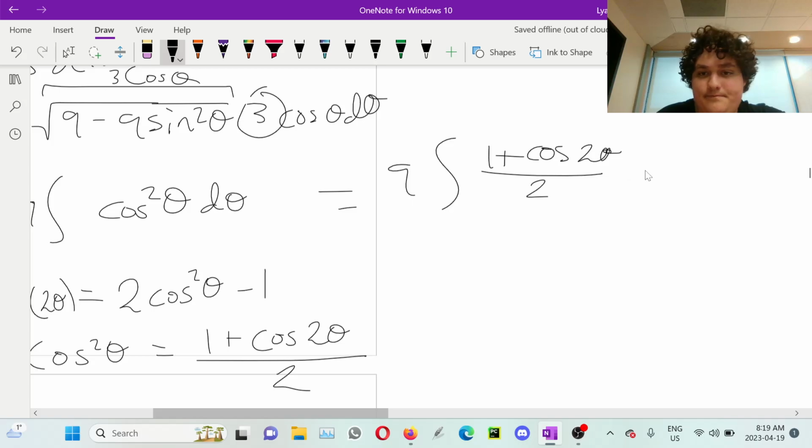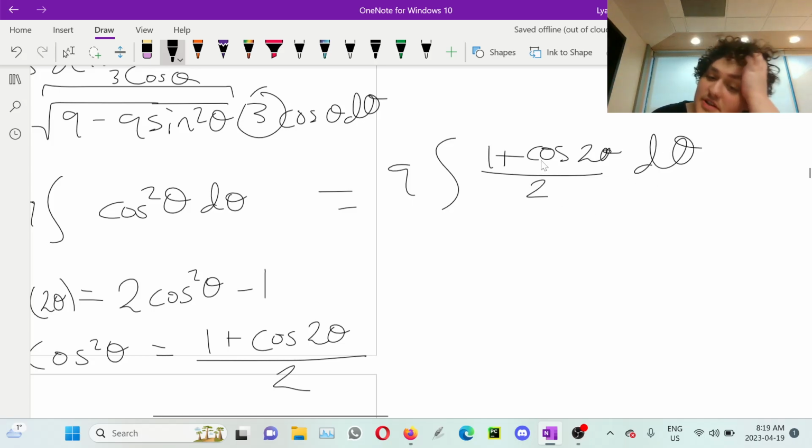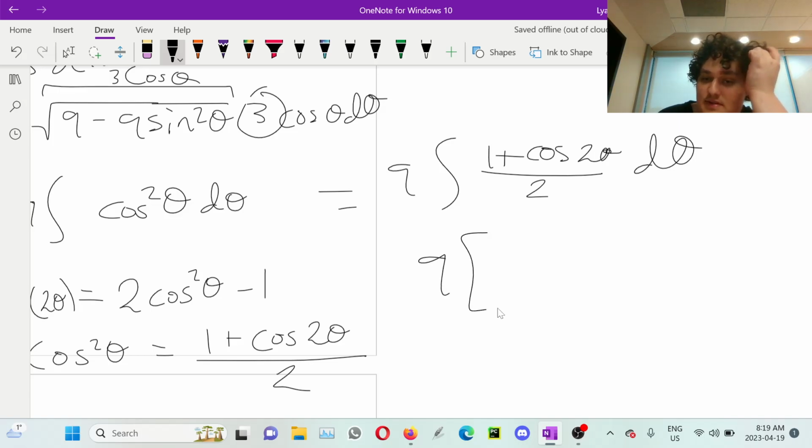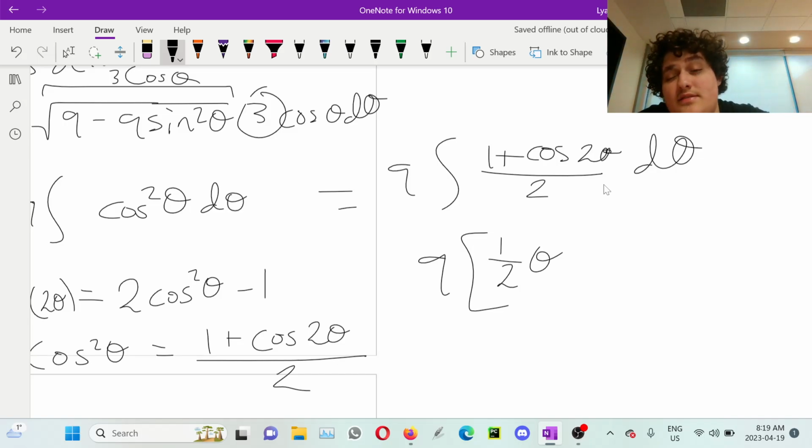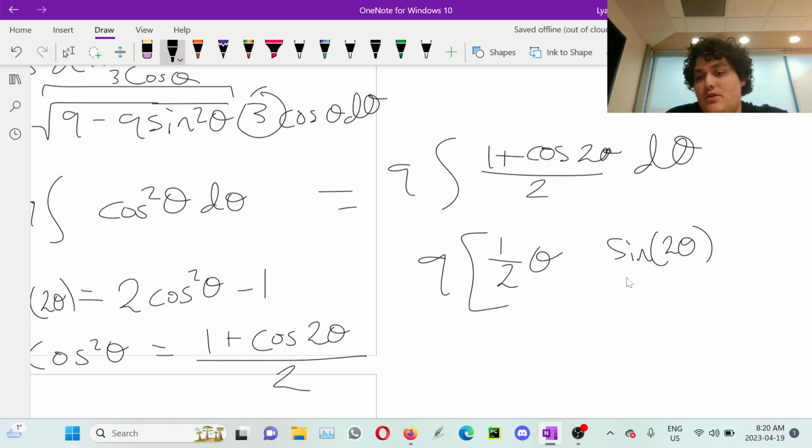Okay. Now this is pretty easy. The half just becomes theta, half theta, right? And the integral of cosine is sine, because derivative of sine is cosine. So it's just sine 2 theta over 4.